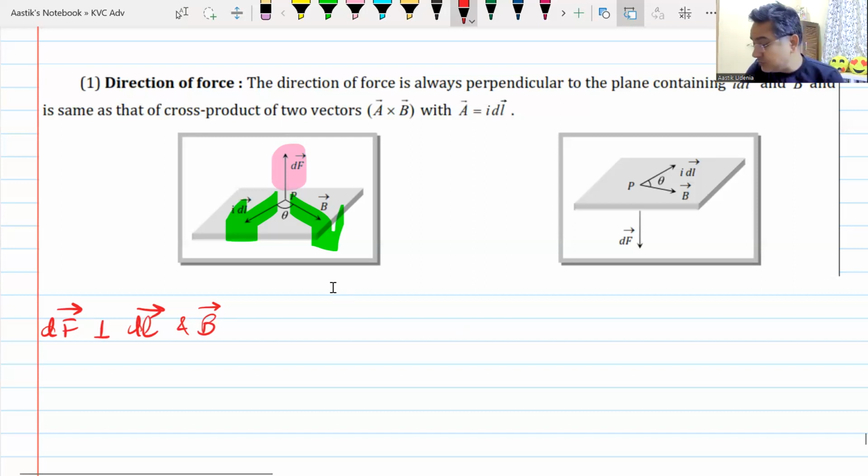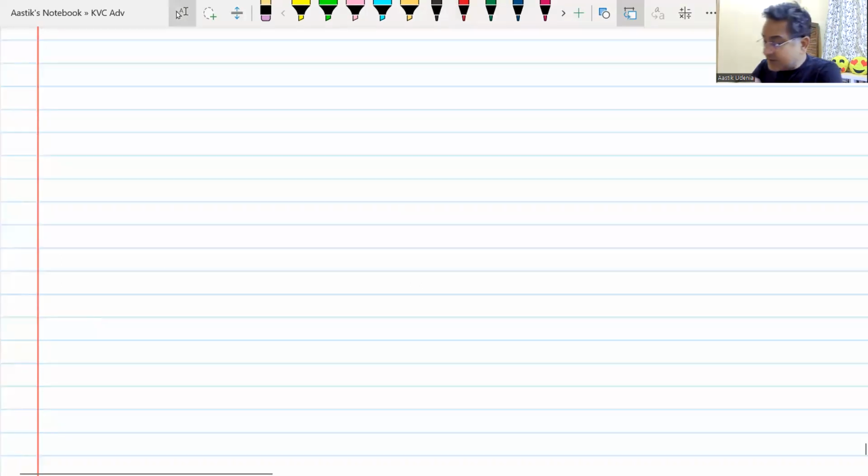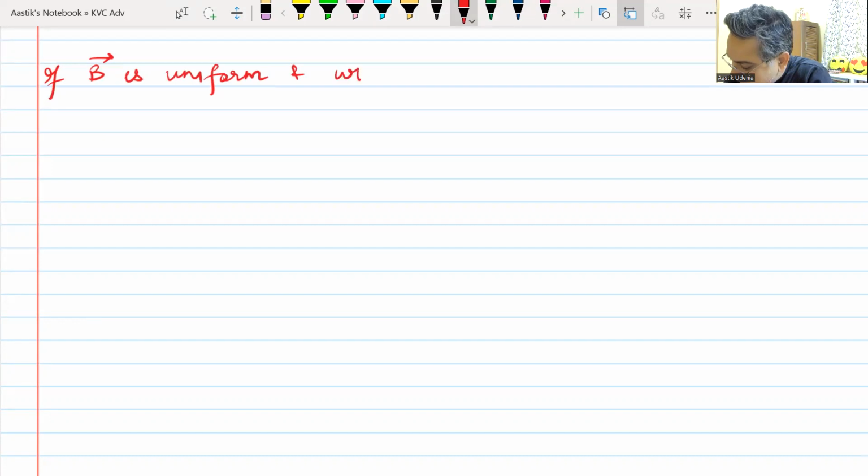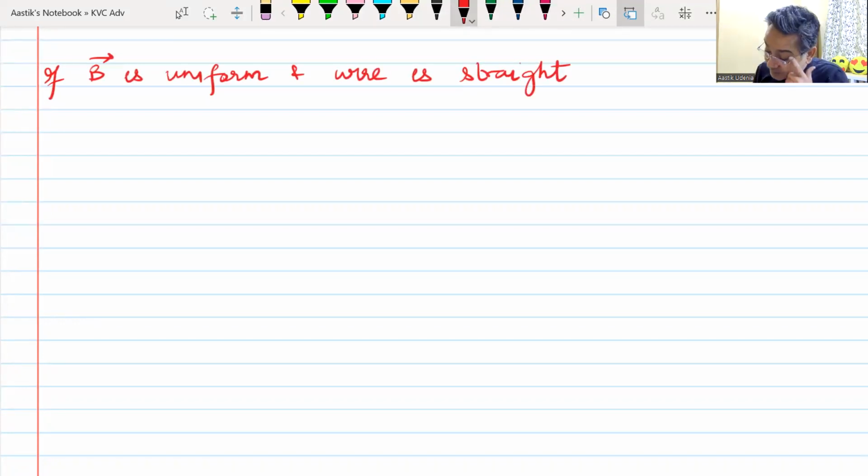Now you can do a special case. If the magnetic field is uniform and the wire is straight, then what will happen?